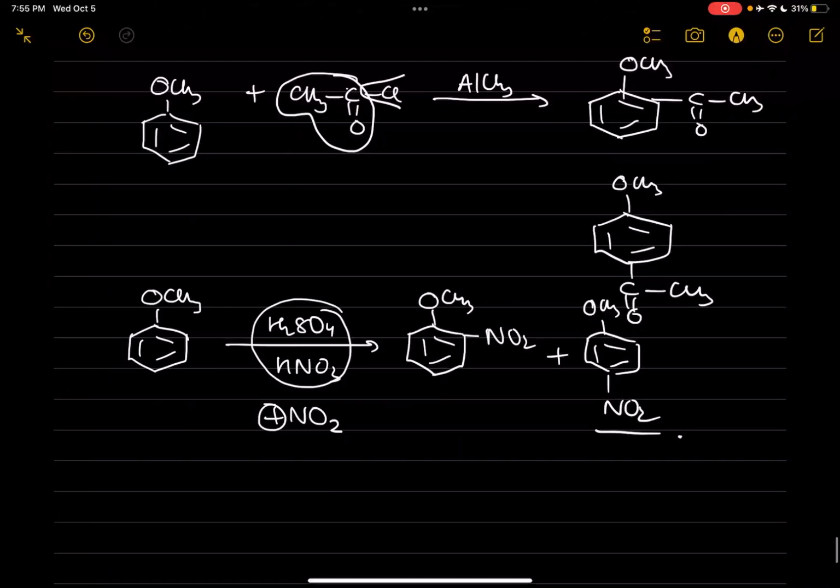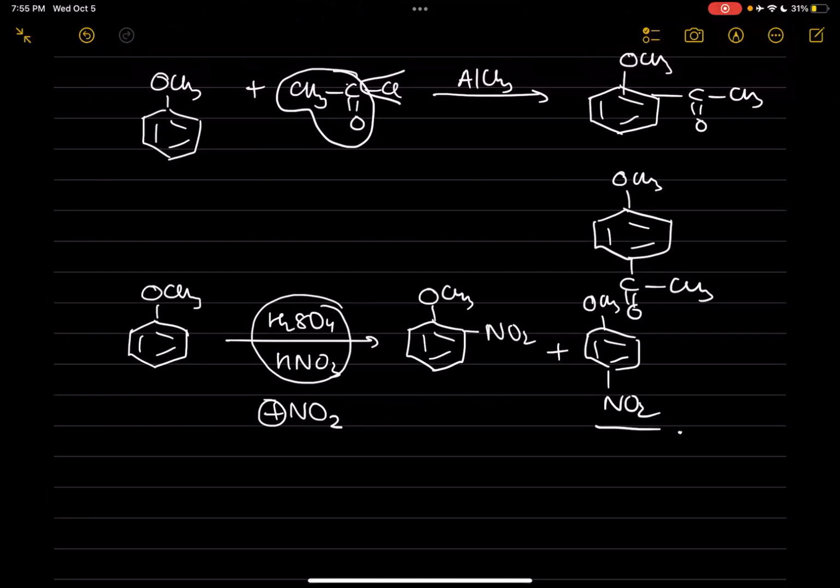Okay. Clear? So these are some of the reactions of your anisole.